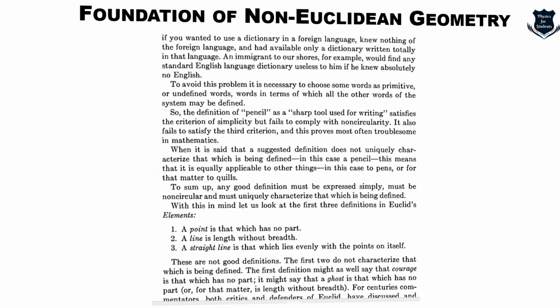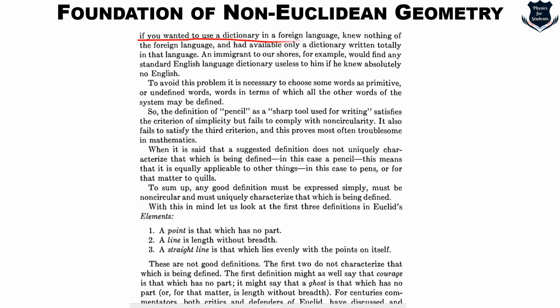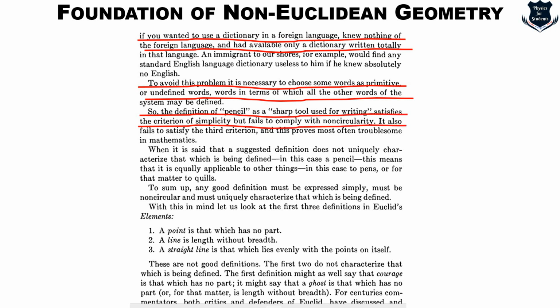Let me show you a few further lines that he says: if you want to use a dictionary of a foreign language, knowing nothing and having available only a dictionary, it carries no meaning. So to avoid the problem, it is necessary to choose some words as primitive or undefined terms. And he says the definition of pencil as a sharp tool used for writing satisfies the criterion, but it fails to comply with non-circularity, because sharp tools used for writing can have a circular meaning.